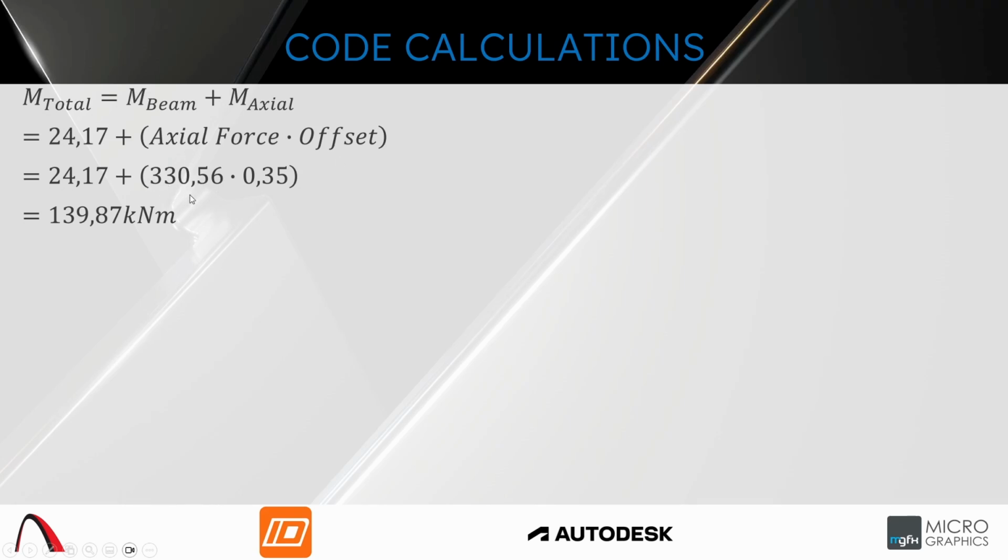We have the value of 330.56, and out of SUMO, our monolithic beam was offset by 350 millimeters, in this case 0.35 meters. When we add those two together, we get a value of 139.87 kilonewton meters.